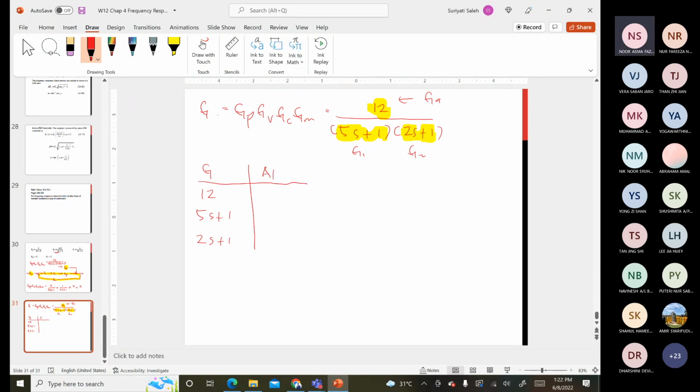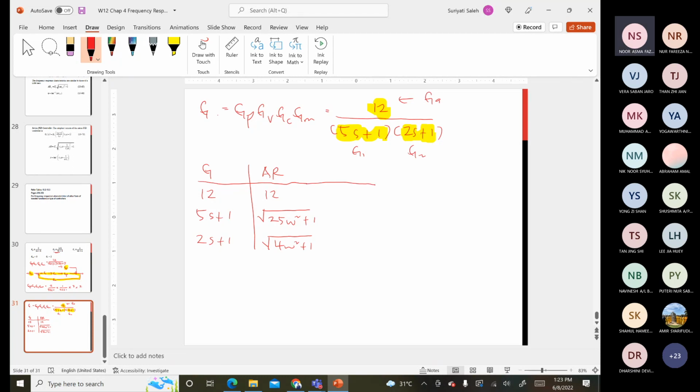So you have the AR. This one becomes the square root of 25 omega squared plus 1, and this one becomes 4 omega squared plus 1.